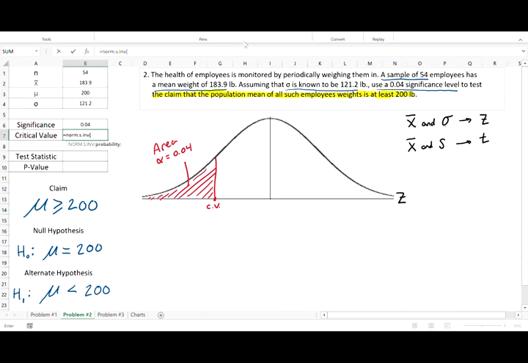And probability in Excel means area to the left. So that is 0.04. All right, so our critical value is negative 1.75 approximately if we round it. We could round it to 3 places, negative 1.751.